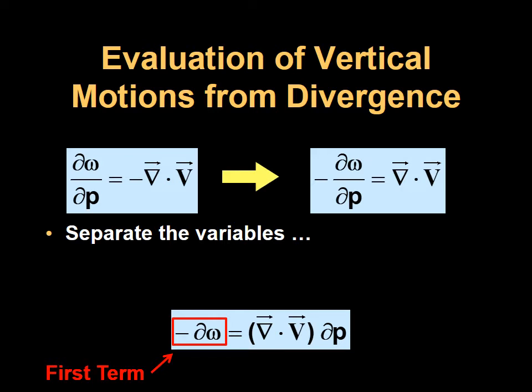So the first term we're going to look at is the omega term. So we separate the derivative here. We bring the dp on the other side, as you can see. And also we move the minus sign around, and you can do that just multiplying both sides of the equation by -1.